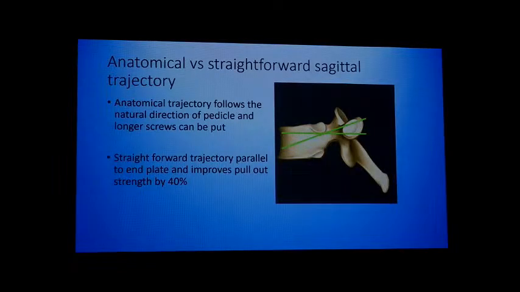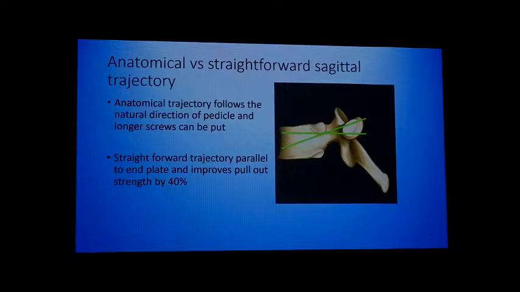So the other thing is the trajectory in the sagittal plane. You have an anatomical and a straightforward trajectory. In the anatomical trajectory, this follows the natural direction of the pedicle, and you can put longer screws. But if you use a straightforward trajectory, that goes parallel to the end plate, and going parallel, you have more cortical bone purchase. The anatomical trajectory goes into the cancellous bone.